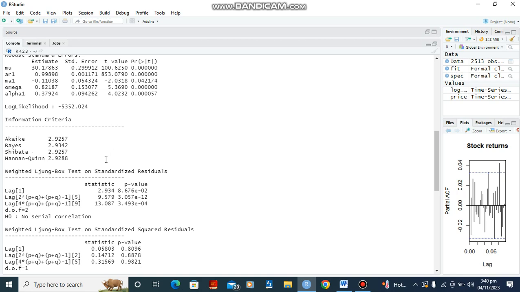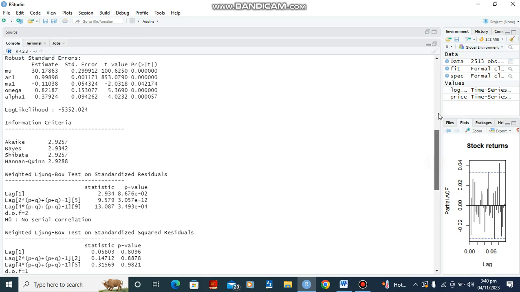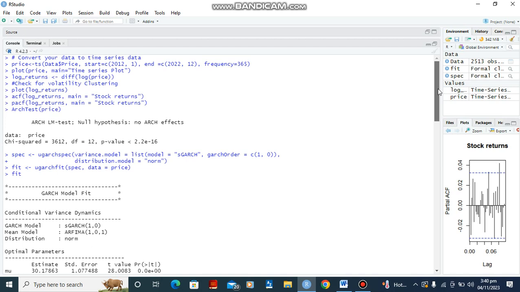All these are various criteria that we would use when we are talking about which model will best fit our data. But for today, our concern is just the ARCH(1) model. So in our next video, we are going to be talking about how to do a GARCH(1,1) model, an EGARCH model, a TGARCH model, a PGARCH model, and so on and so forth.